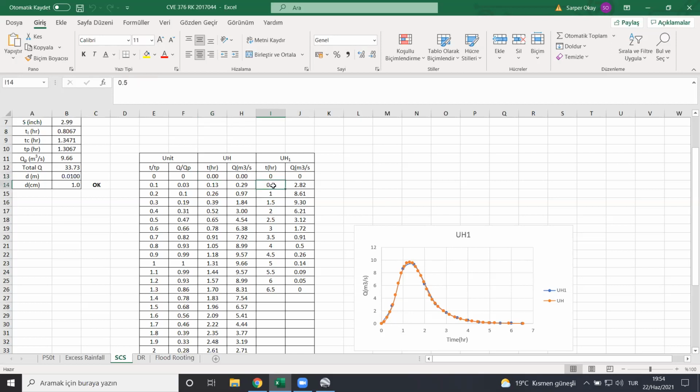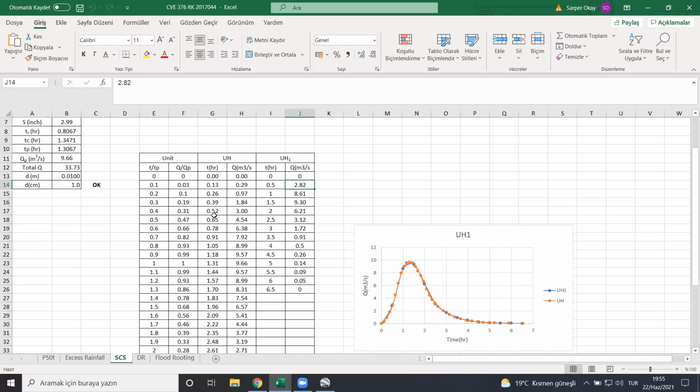Okay, for when t is equal to 0.5, we don't have 0.5 here, right? So you need to do interpolation. You'll take this value: for this time we have this much discharge, and for this time we have this much discharge, and 0.5 is between them. You will do the interpolation and calculate the discharge value for 0.5. How can you do interpolation?